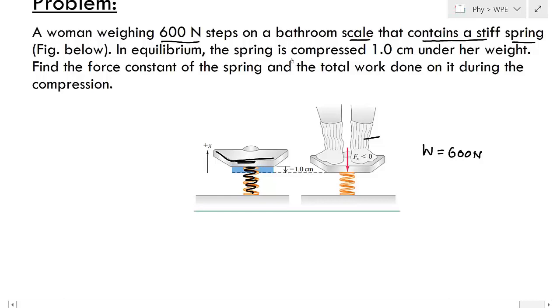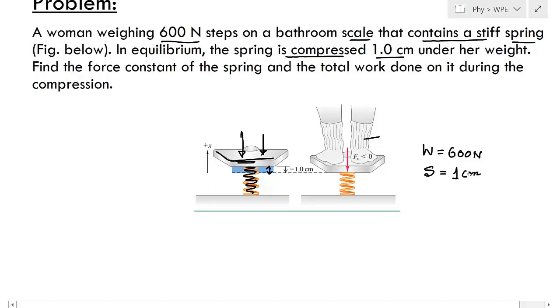In equilibrium, the spring is compressed by 1 centimeter. So once she comes on this bathroom scale, this spring is compressed, and this compression is by 1 centimeter. So this distance by which it compresses is given, and that is 1 centimeter.